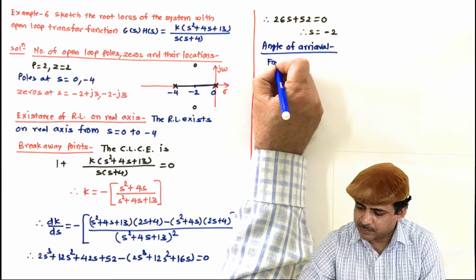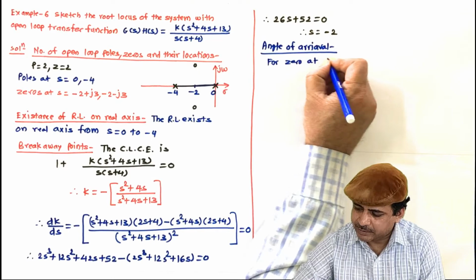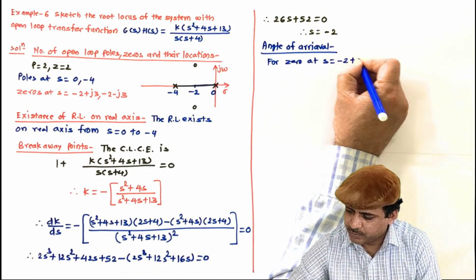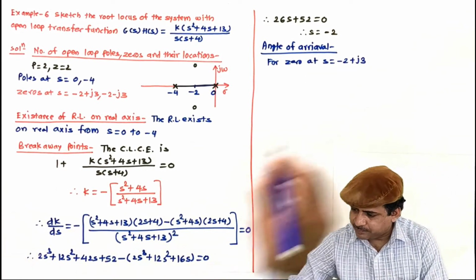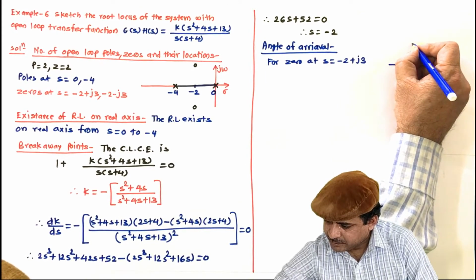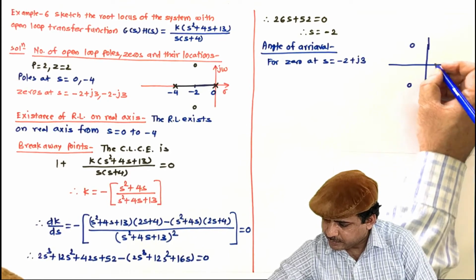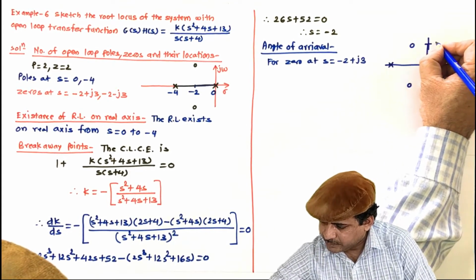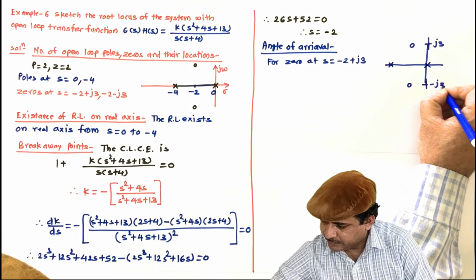So for the zero at s is equal to minus 2 plus j3, what we have to do is, let us sketch it. This zero, there is another zero here, here is a pole and here is another pole, and this is j3, minus j3.